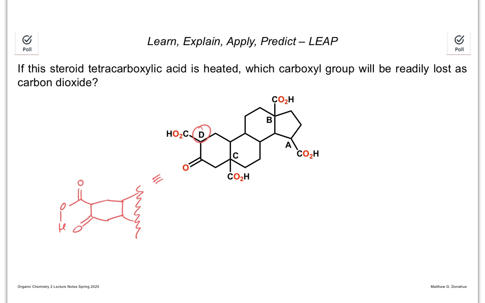So it's the only one that can achieve that or has that relationship where you can do that decarboxylation. The other thing that's, again, weird about A, B, and C, they're all, for the most part, the same. D is the only one that has a different relationship between those functional groups.